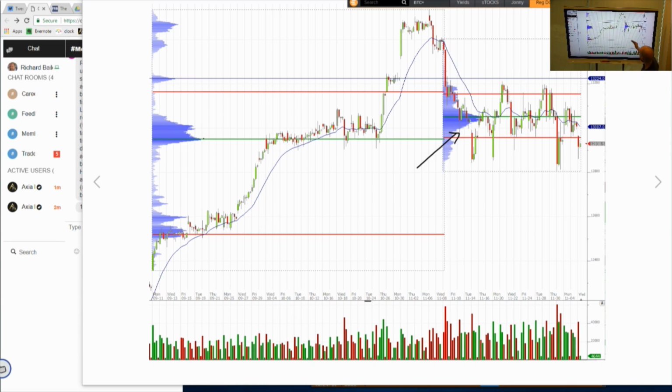Now, after that, you'll notice what happens is we start filling in this lower volume area up above. And actually, this previous area of high volume becomes a little bit of a pivot area. And we spend quite a lot of time finding support at that area.